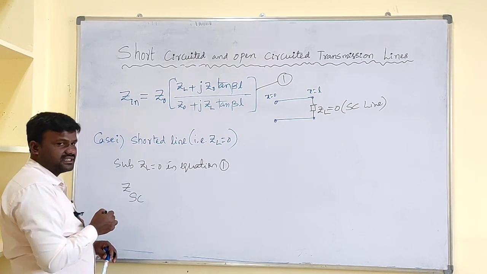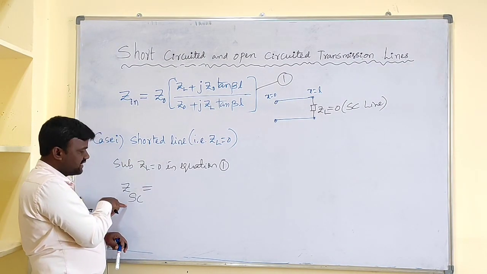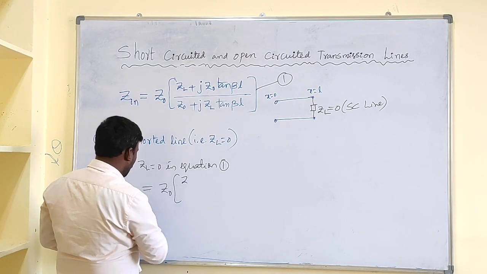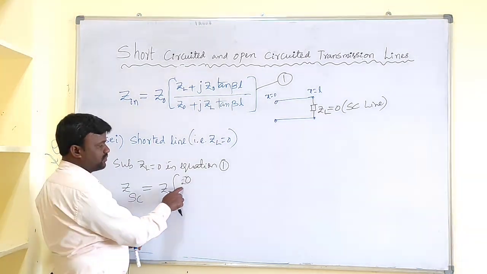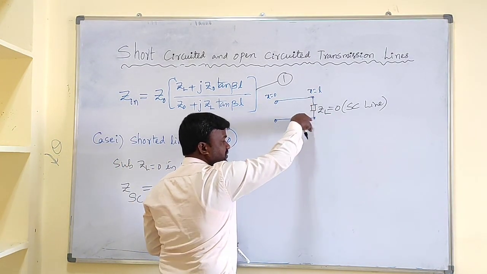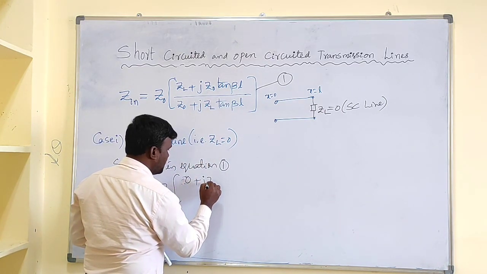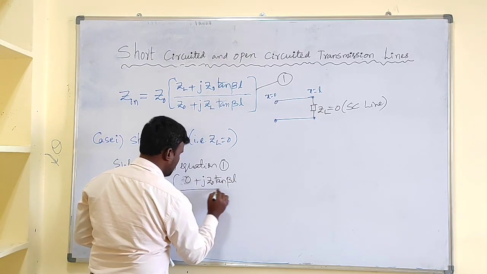We can write that as ZSC. For the short circuited case, ZSC equals Z0 into, with ZL as 0, that means the load is terminated with a short circuit, plus jZ0 tan beta L.